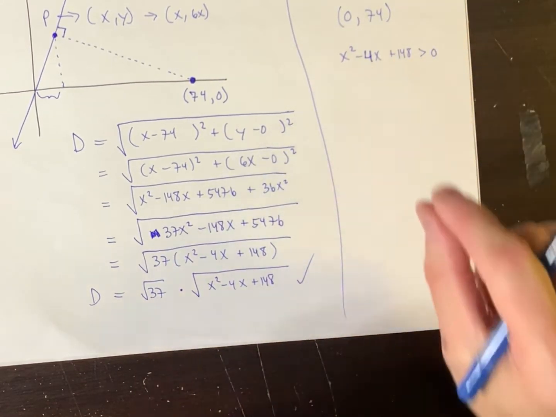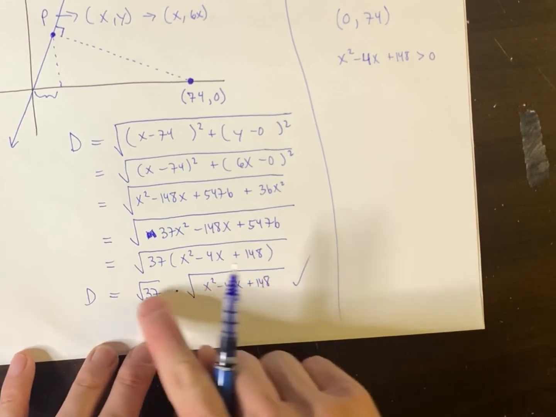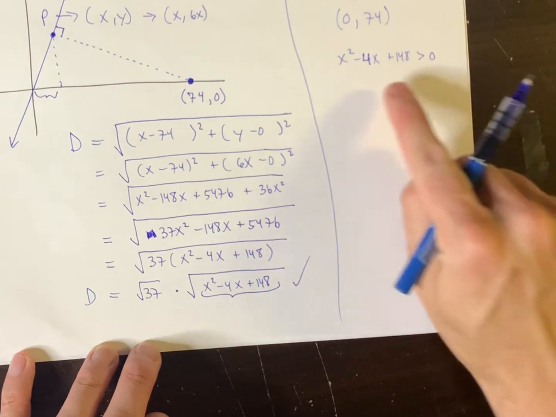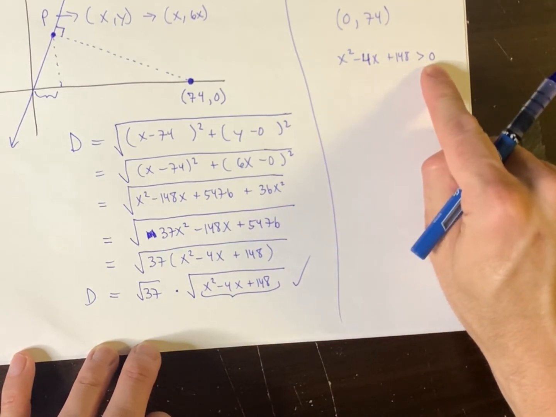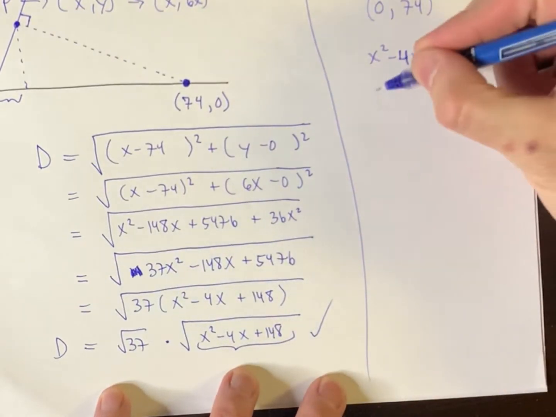You don't even want it to equal 0, because if this is 0, then the square root of 0 is 0 and all of this disappears. So make sure that the content inside is positive. So now we have to solve this inequality. And how can you solve an inequality?